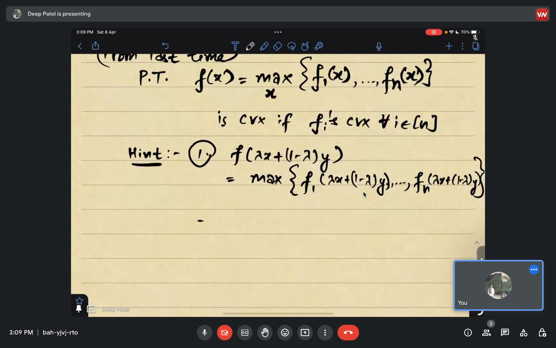So here, remember that each of these f1, f2 up to fn are all convex, and that is given. I'm just applying the convexity definition.